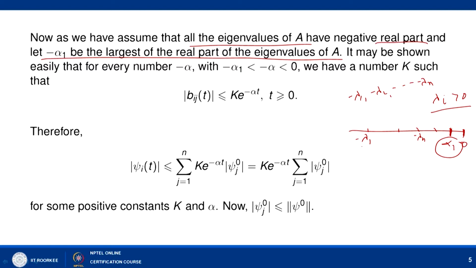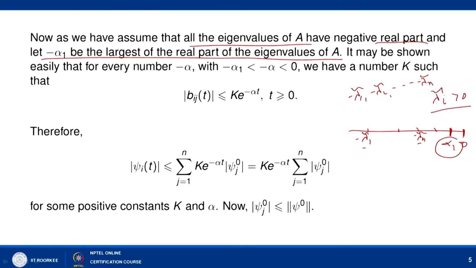It may be real or it may be complex. Just look at the real part of the eigenvalues of A. Let me use some other notation: let us use lambda_1 tilde to lambda_n tilde, these are the real parts, we are looking at the real parts.